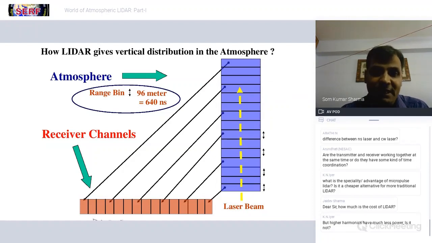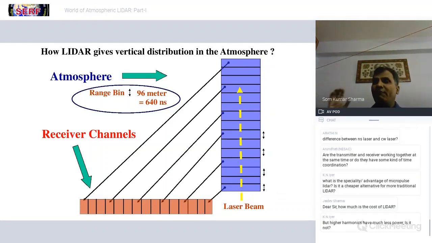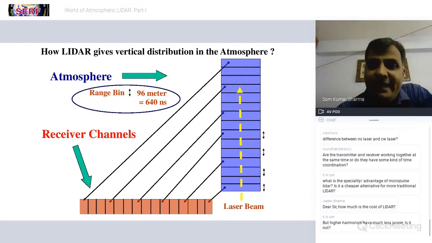These receiver channels are tagged with different numbers, and those numbers correspond to different heights. From one height, one signal; from the second height, the second signal. Like that you are very clearly segregating the signal coming from different altitudes, because there is no mixing. Whatever signal is coming from the top layer will be kept only in the top bucket. So you are very sure that the photons you receive in the top bucket are from the top layer.